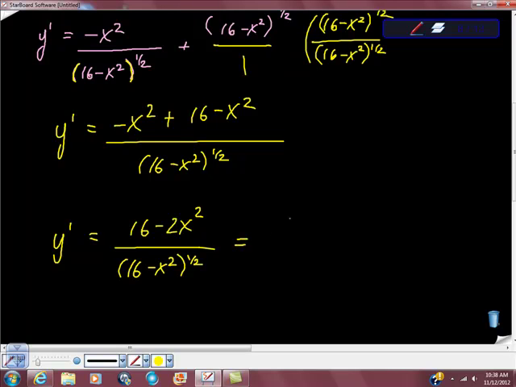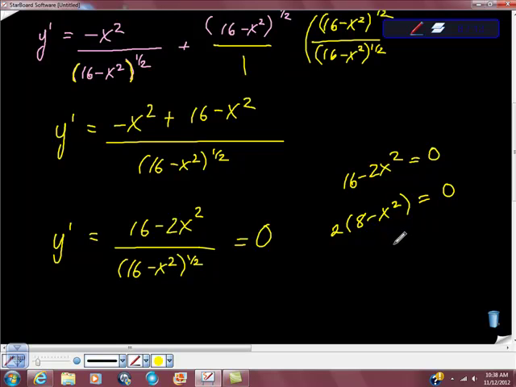Remember, we're doing this derivative test, so we want it to equal 0. So I'm going to take this thing out and put 16 minus 2x squared is equal to 0, right? I'm going to factor this out a little bit and get 2 times 8 minus x squared is equal to 0.